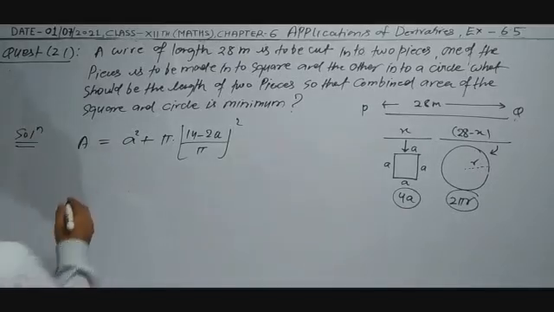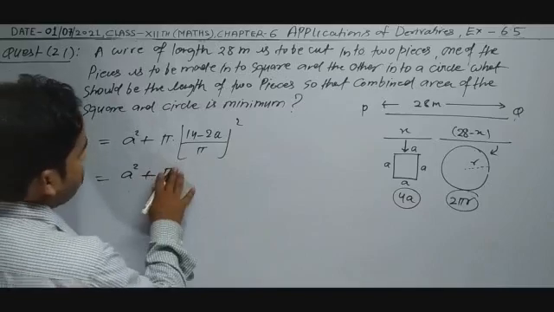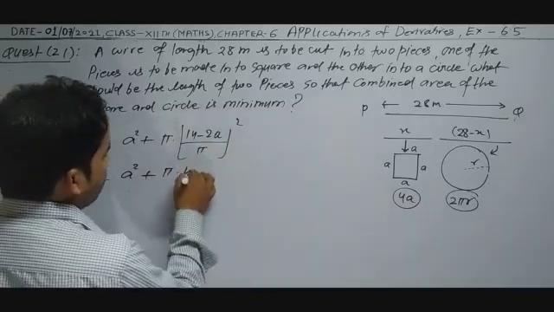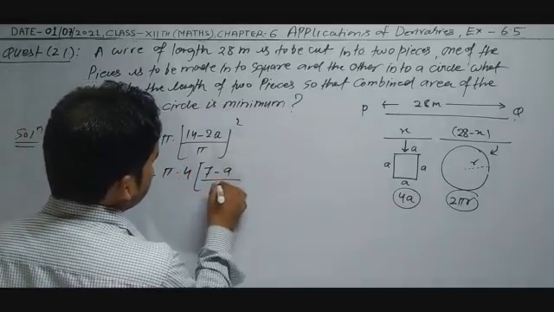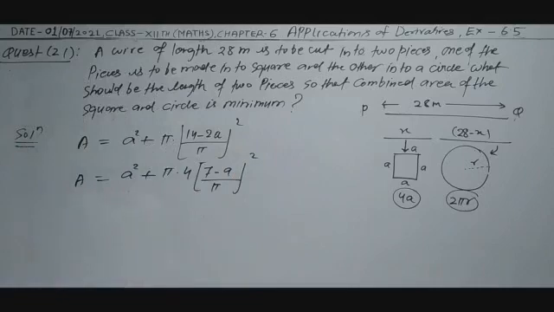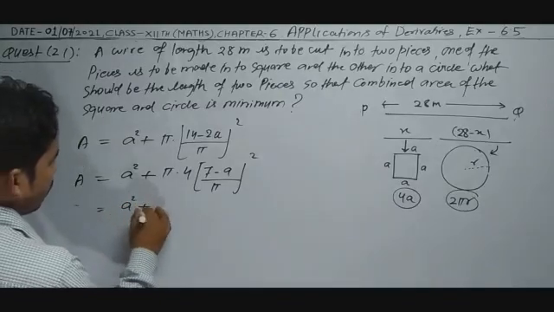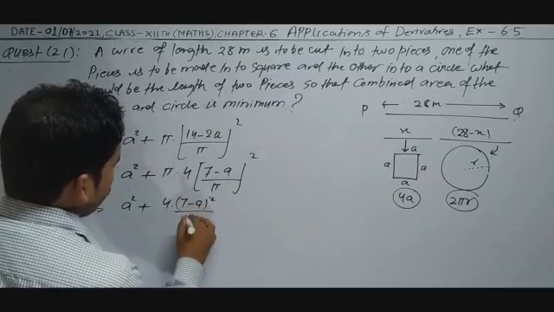You can write this expression A is equal to a squared plus pi times, when you take 2 common, 4 and in the bracket 7 minus a whole upon pi whole squared. The pi term will cancel out. A is equal to a squared plus 4 times 7 minus a whole squared upon pi.